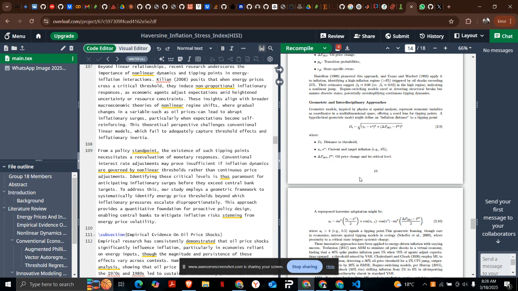But keeping up with economic literature, we see that over time the effect of energy prices on inflation has reduced. But regardless, they still do have an impact on the value of inflation, because everyone knows that whenever energy prices tend to rise, we tend to expect that the prices of our day-to-day commodities will rise as well. So our food prices and the value of our electricity will also go up.